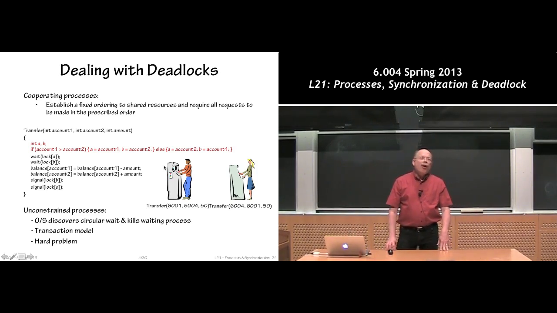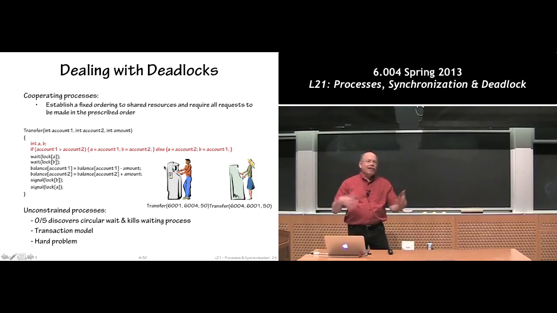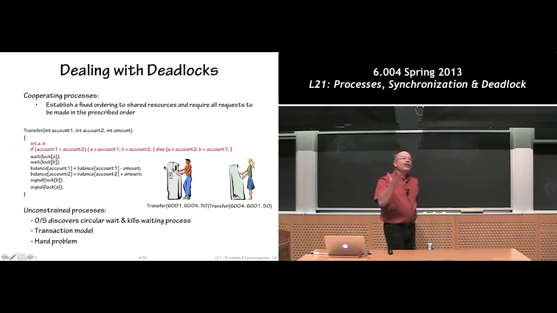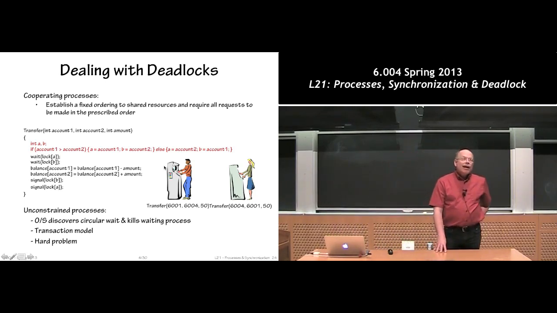So this notion of a global ordering is good, but you basically have to agree with everybody on what the order is. And you can imagine in a large operating system, when there are lots of resources to be managed, the idea of going and saying, okay, we have to assign every resource in the system a unique increasing integer, those are the sort of things that software people tend to want to avoid.